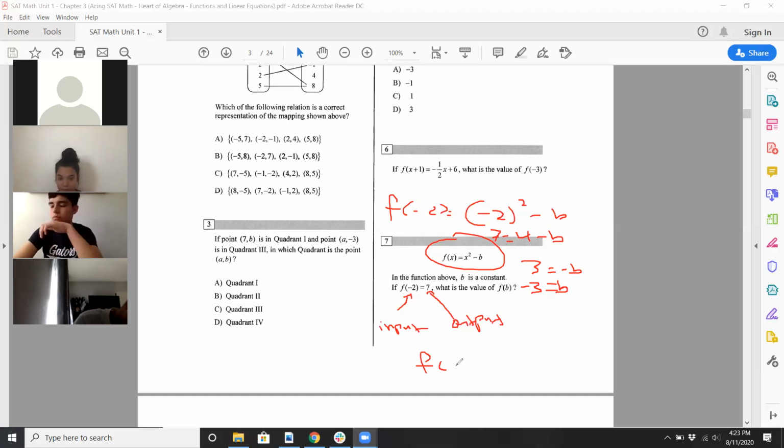So you just do it again now. But remember, the function is now x squared minus -3, or x squared plus 3. That's the new function. So plug in -3 for x, and you should get 12 as your answer.